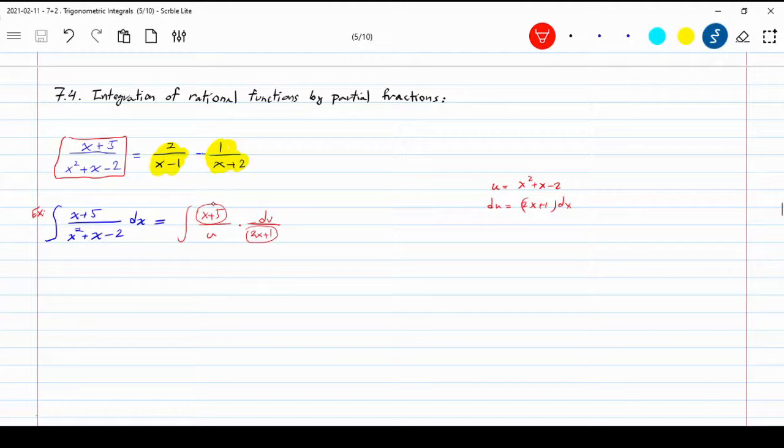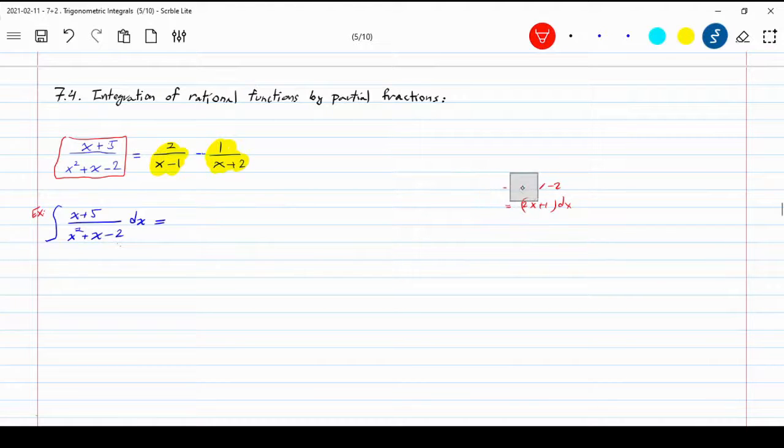But if we could simplify this fraction and write it that way, then we wouldn't need that trick. That's the idea. So instead of dealing with the substitution here, what we normally do is try to simplify the fraction. I'm going to show you the idea.